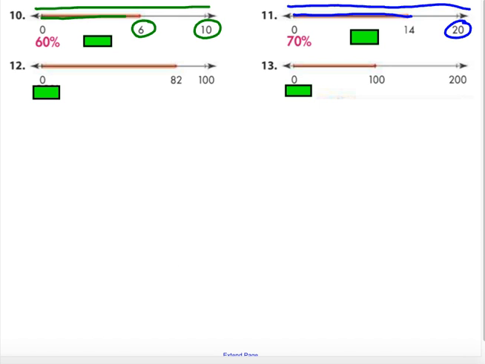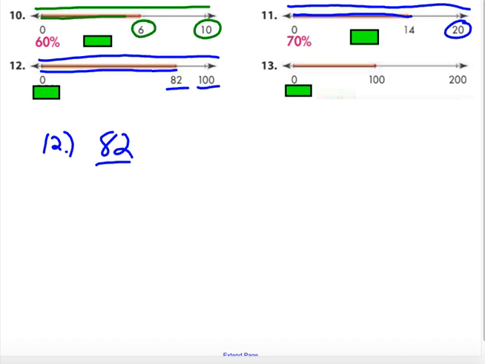Okay? All right, let's take a look at number 12. Okay? Number 12, they have a number line that is going all the way up to 100, and they've shaded in 82 out of 100, so we have 82 over 100, and we don't really have to do any math here because we know then that it'll be 82%, because you have 82 out of 100.